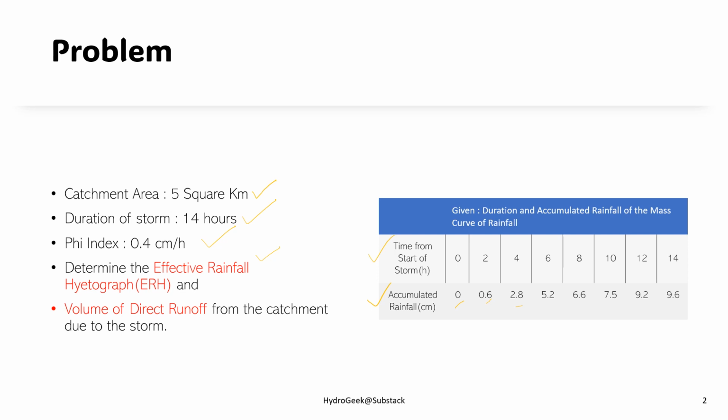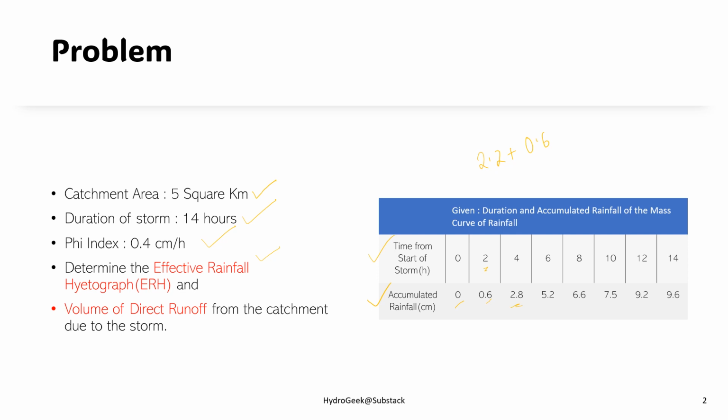This is actually the summation of the rainfall that has taken place at the second hour plus the rainfall that has taken place at the 4th hour. So actually this is a sum of 2.2 centimeter rainfall with 0.6 centimeter of rainfall, that is 2.8.